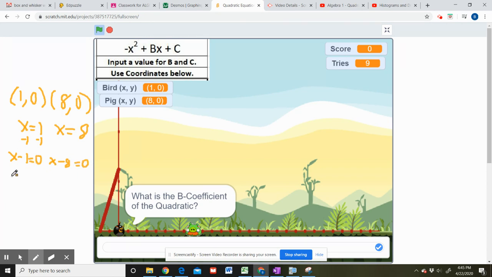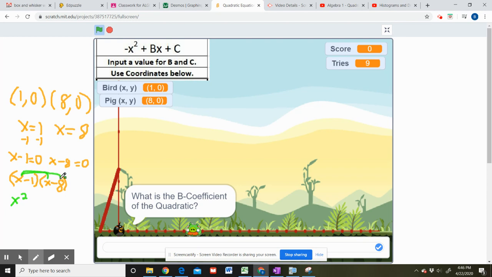And then we're just going to go x minus 1 times x minus 8. Right, and we're going to do FOIL, or you can do the box method. So if I do FOIL, I'm going to go first, x times x, and I get x squared.